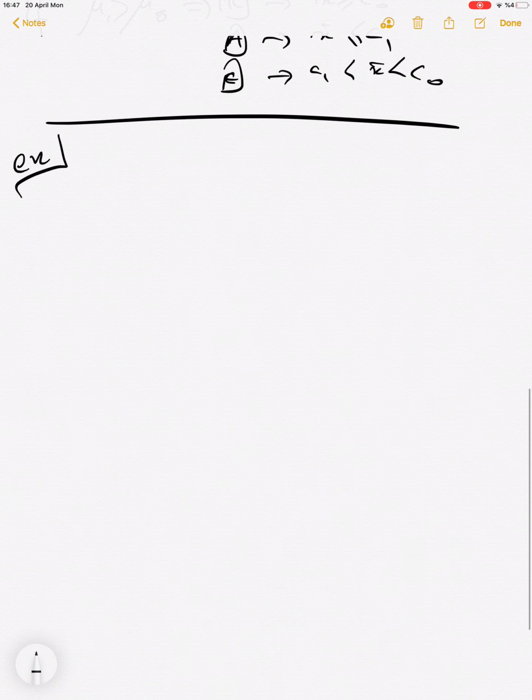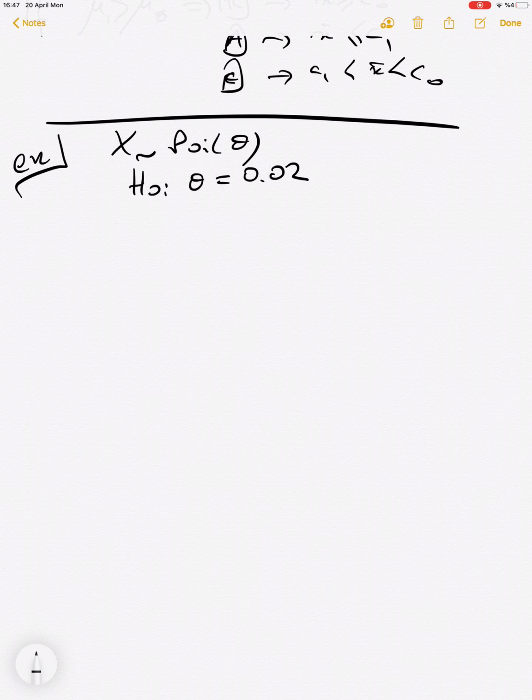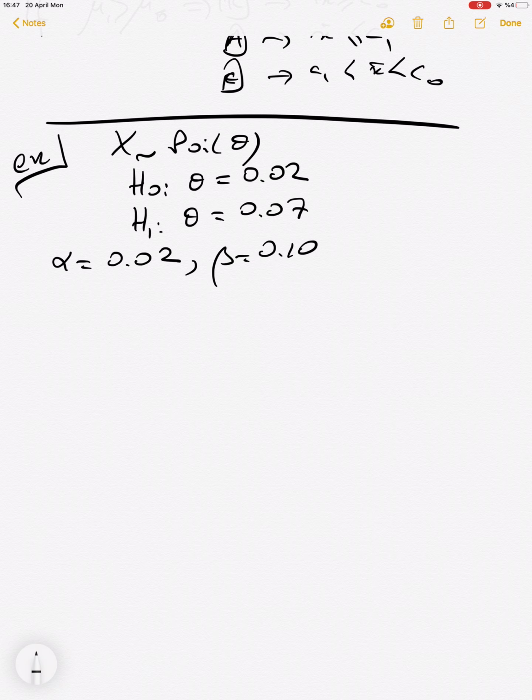Let's focus on another example. Let's say we have a Poisson random variable, and we want to test theta equals 0.02 versus theta equals 0.07, and here alpha is given as 0.02 and beta given as 0.10, and we want to find the SPRT.